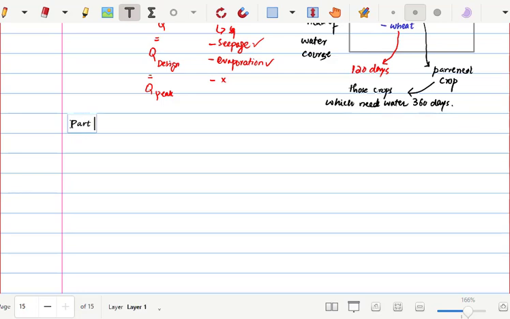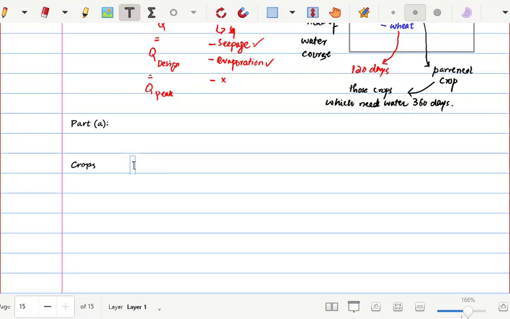So let's start with part A. Part A solution. For part A, I think we will try to draw a table that will make things easier. Let's say we are given two types of crops, right? And then what else?